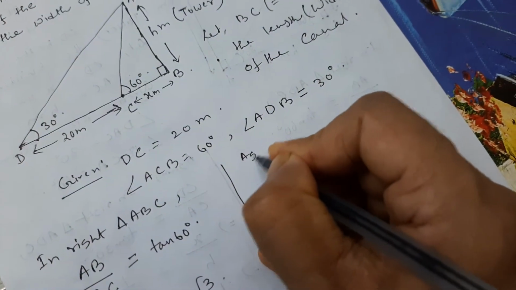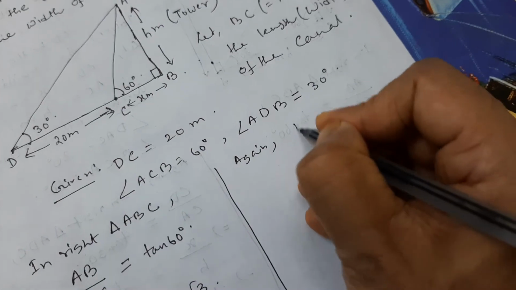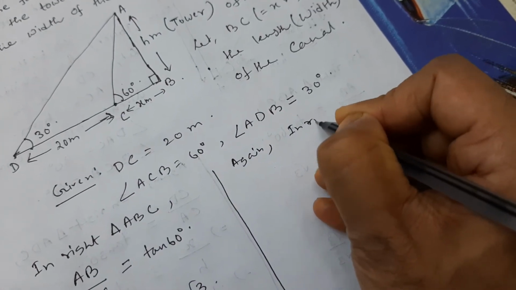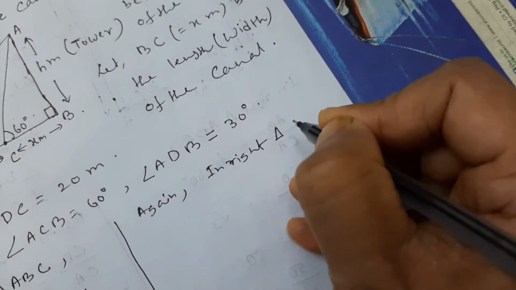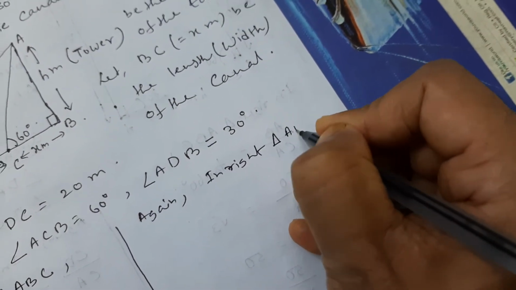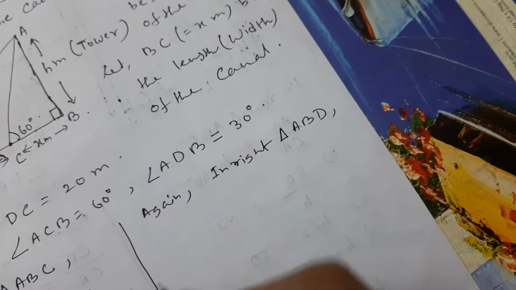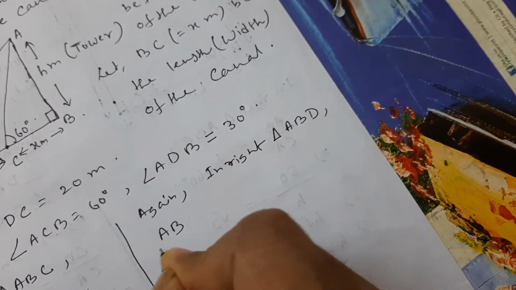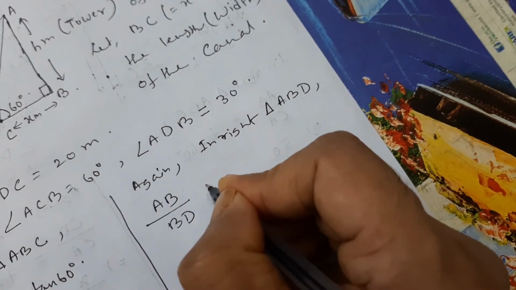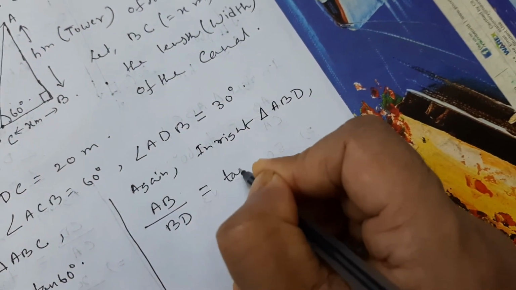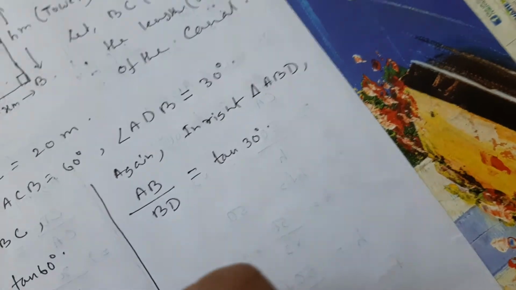In right triangle ABD, AB by BD, perpendicular by base equal to tan 30 degree.